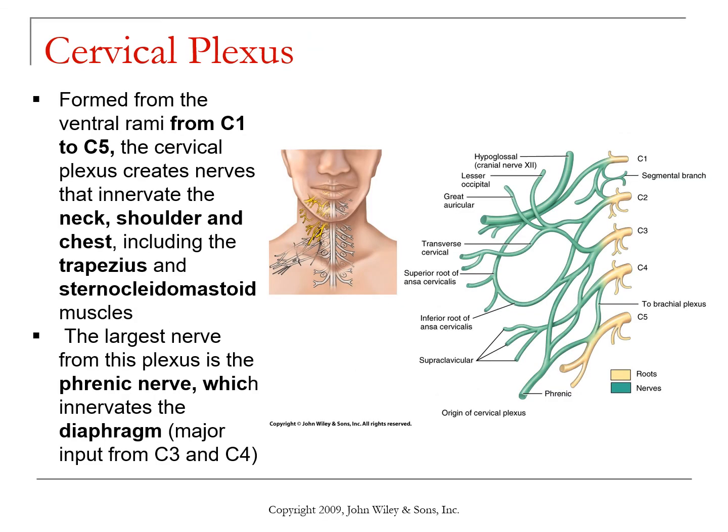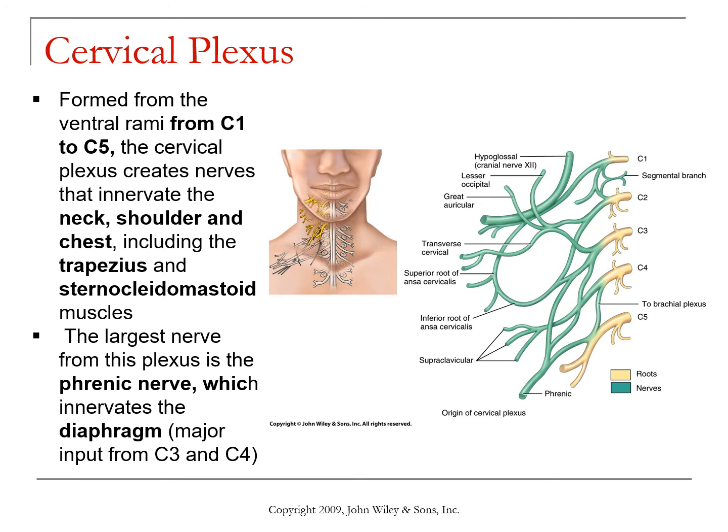The first plexus is the cervical plexus. It is located deep in the neck, again pretty close to the spinal cord, and is formed by axons in ventral rami from spinal nerves C1 through C5.